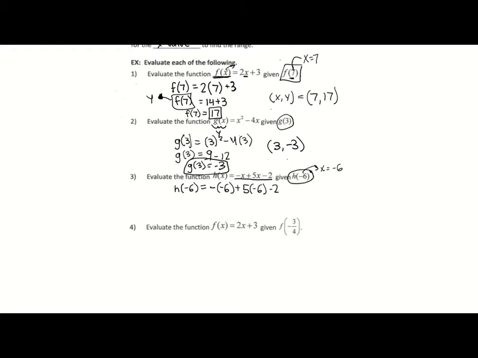So we got to be careful with our negative signs here, because if we have a negative sign in our original function, we need to have that negative sign plus the negative sign in our x that we're plugging in. So when I simplify this, we get negative times negative is positive, so I have 6, and I have 5 times negative 6 is negative 30 minus 2.